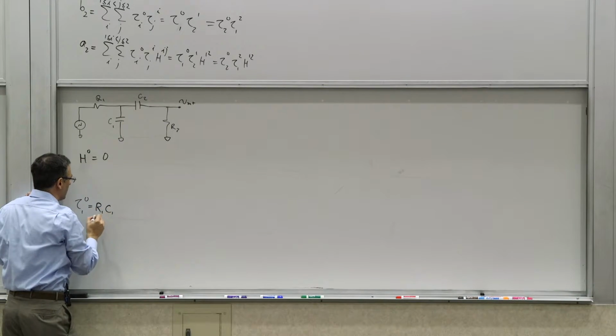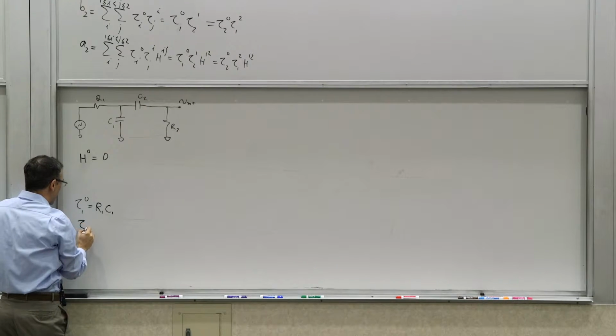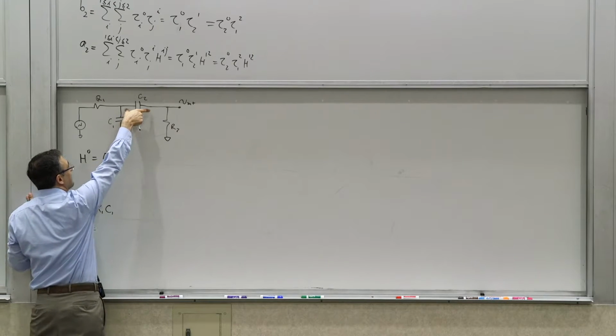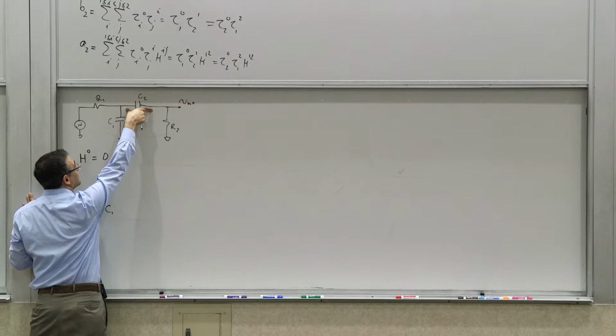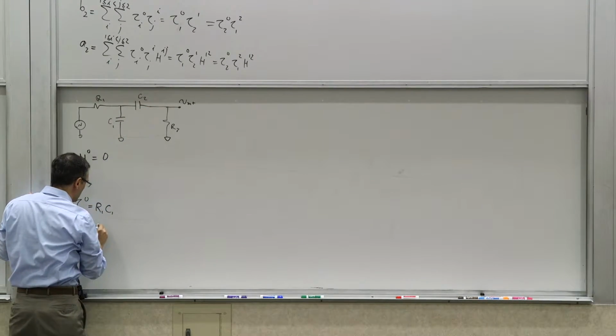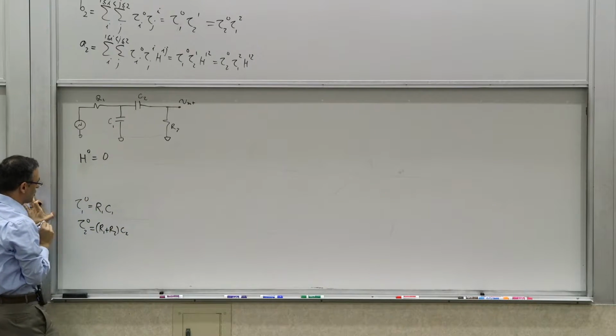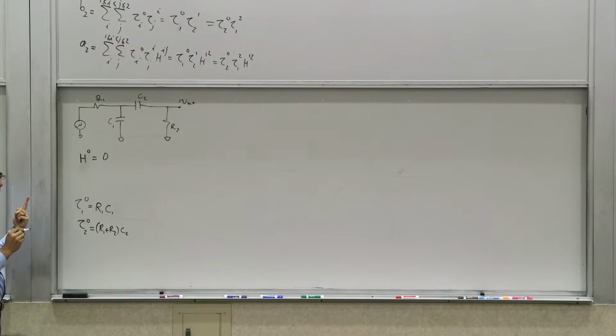R1, C1. And then tau 20 is what? The resistance seen by this element when the other is not there: R1 plus R2 times C2. Okay, thank you.